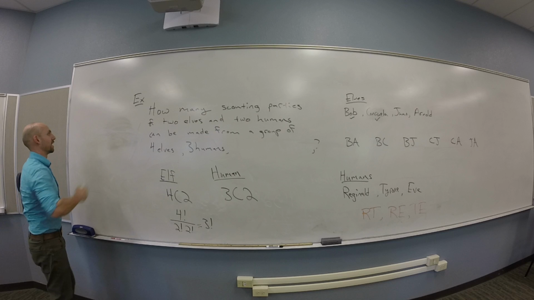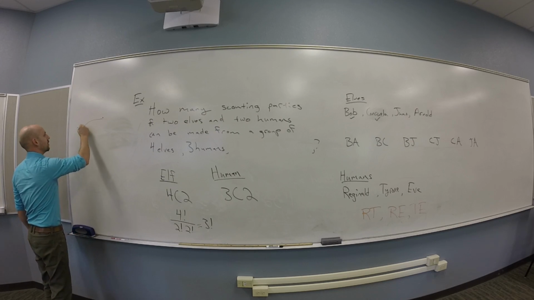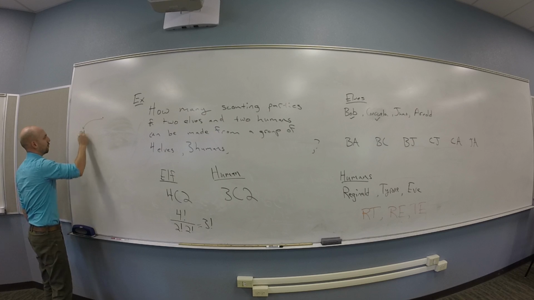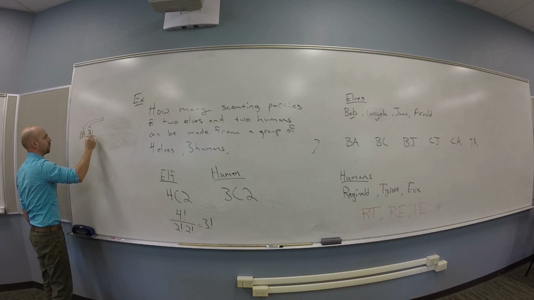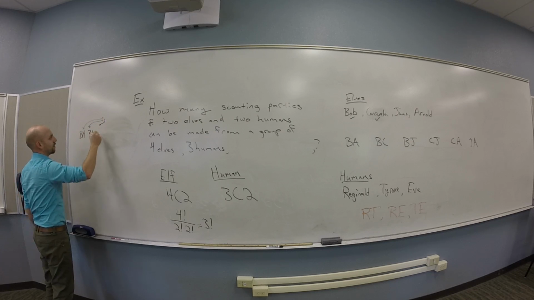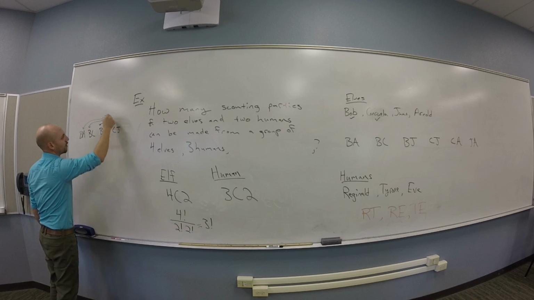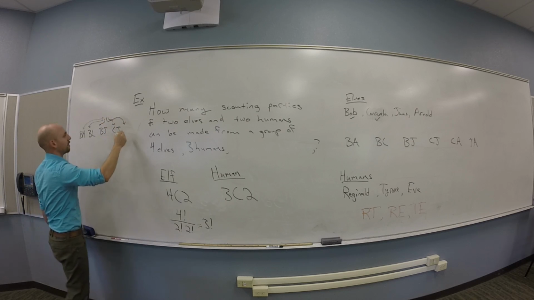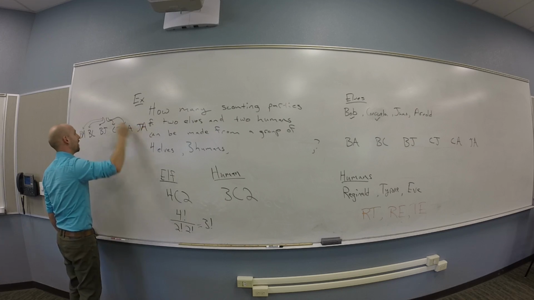Your tree looks like, okay, there's 6 elf options. So there's Bob and Arnold, there's Bob and Consuela, there's Bob and Juan, there's Consuela and Juan. I know, I'm writing them down again and it's a waste of time.